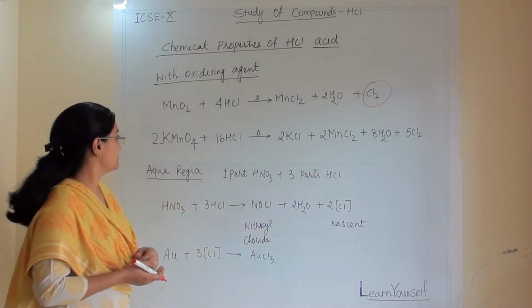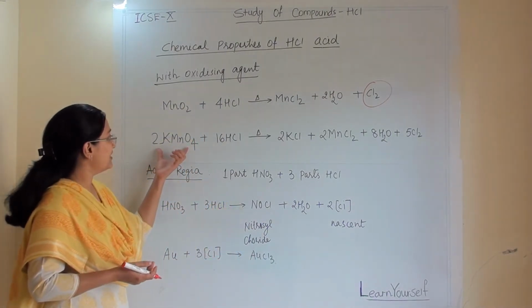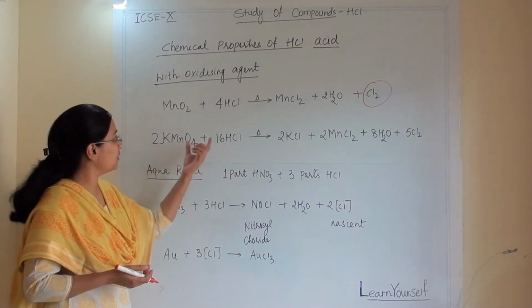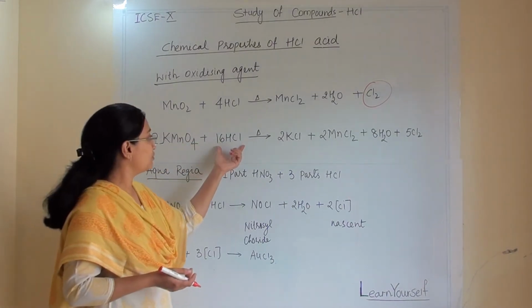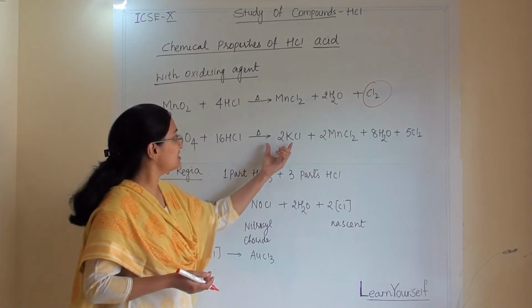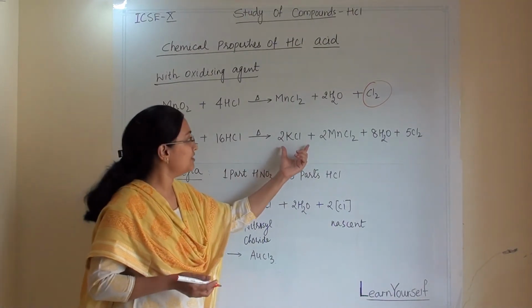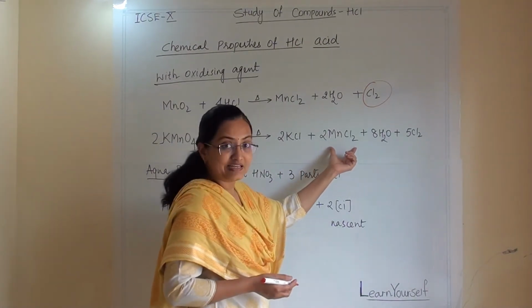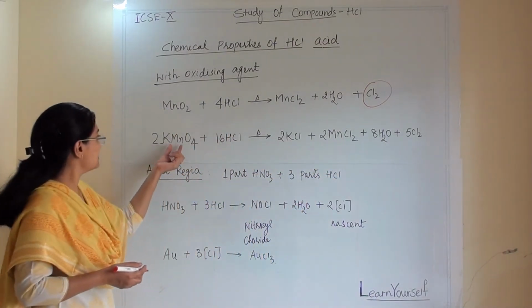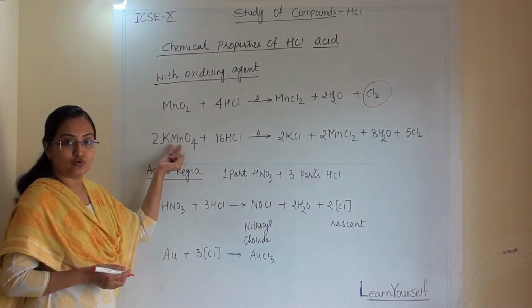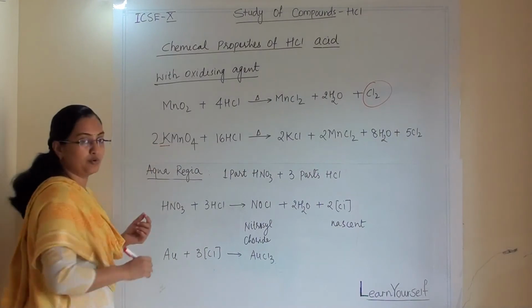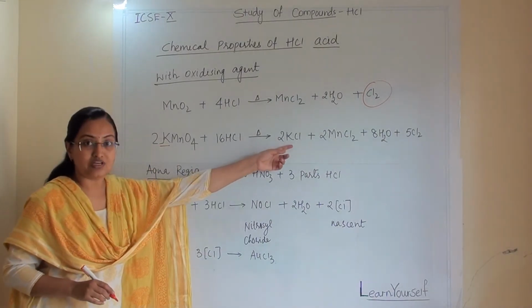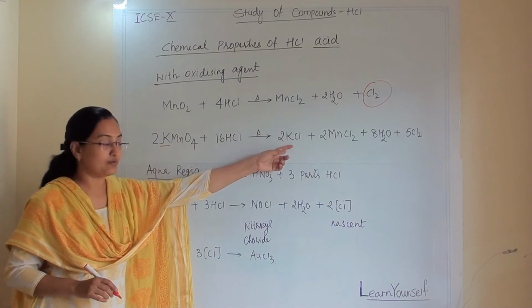So this is the application of HCl acid, that we use it to generate chlorine gas. Another reaction: when potassium permanganate reacts with hydrochloric acid and we heat it, we will get potassium chloride and manganese chloride also. Why? Because KMnO4 is there. First the potassium will react with chlorine and we will get potassium chloride.